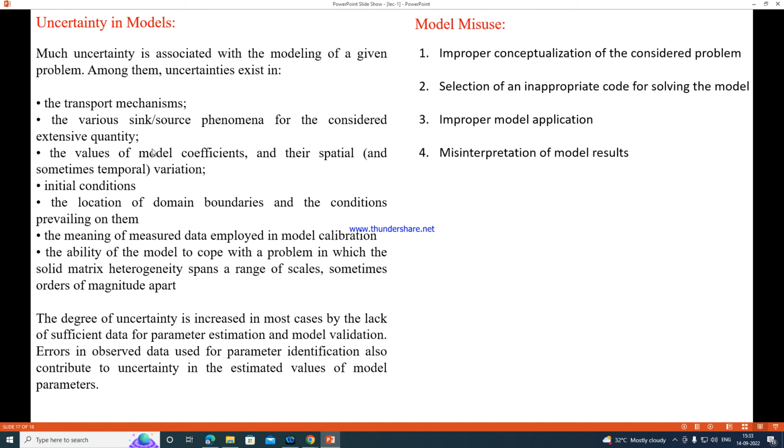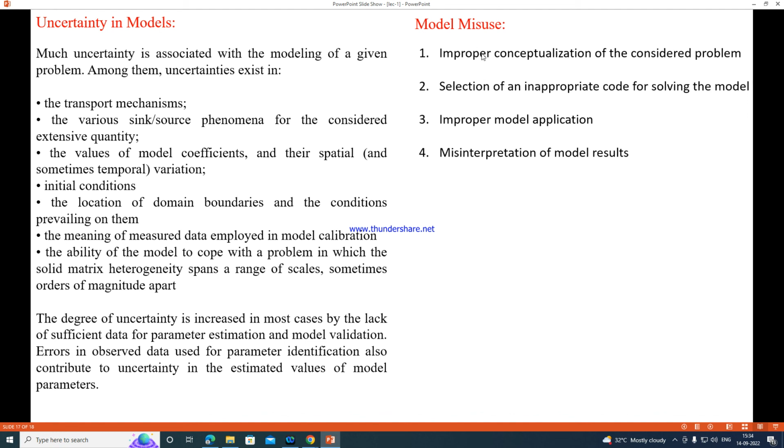Source means recharge and sink means pumping, whatever. Also the value of the model coefficients and their spatial variation, initial conditions, the location of the domain boundaries and the conditions prevailing on them. The degree of uncertainty is increased in most cases by the lack of sufficient data. If there is no data, then the degree of uncertainty will be more.